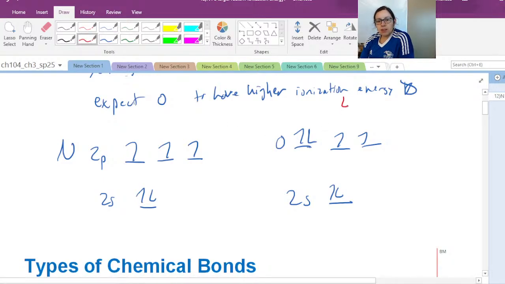With ionization, you're asking to lose an electron. But what do you notice about nitrogen and oxygen? And maybe other things we've talked about. What's different?